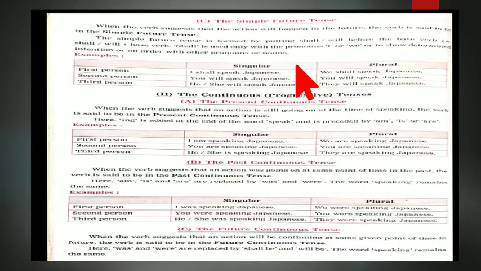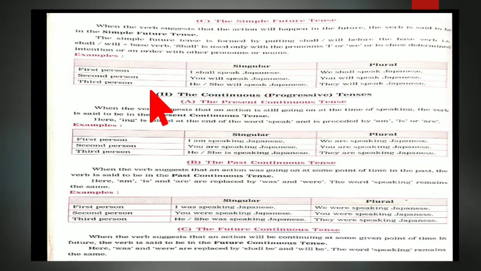The simple future tense is formed by putting shall or will. Shall is usually used only with the pronouns I or we to show determined intention, or an order with other pronouns or nouns. That means shall has to be used only with I or we.